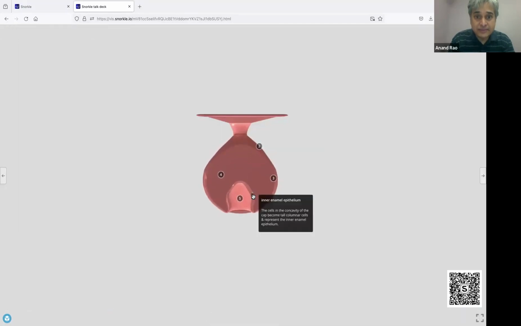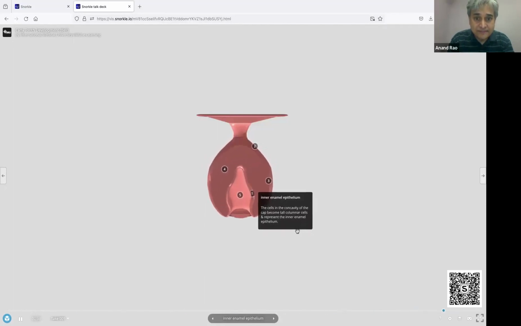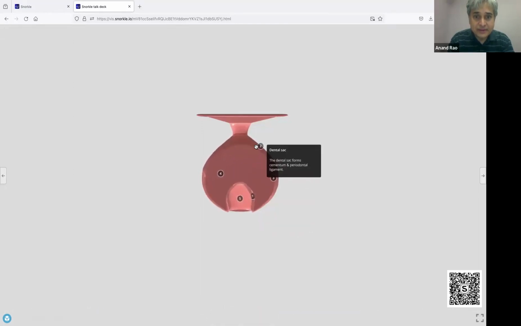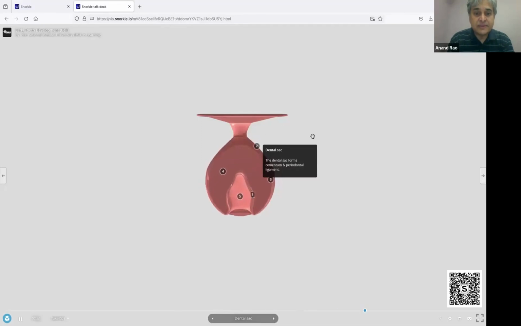They have different names. The name of this layer is called the inner enamel epithelia. The name of this layer is the dental sac. And each of these are responsible for making a different part of your tooth. The sac is responsible for the cementum and what's called the periodontal ligament.